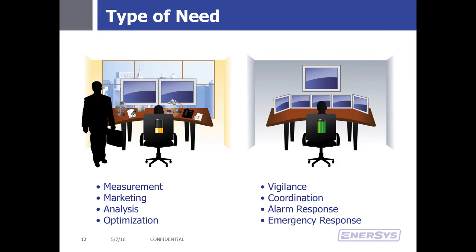I've talked about a few needs. So what are some others? Well, I've got measurement. Marketing needs this information, because most of these pipelines, midstream companies, have scheduling functions. They need to know how much product is moving at this point and how much more product I can move today.